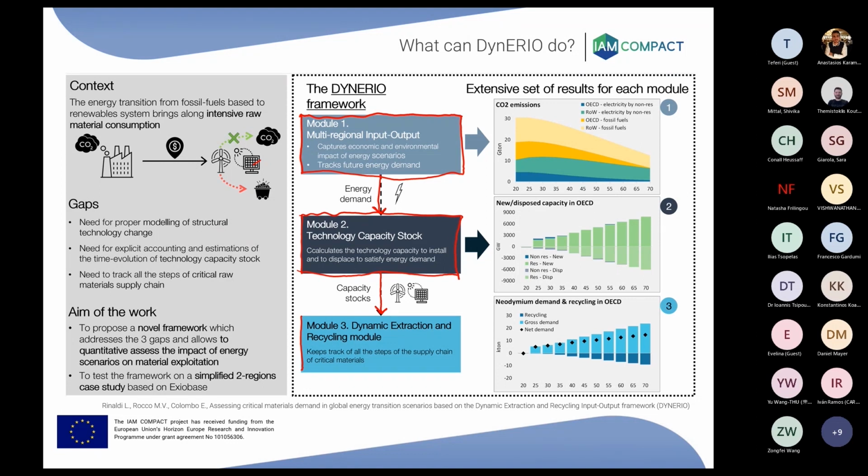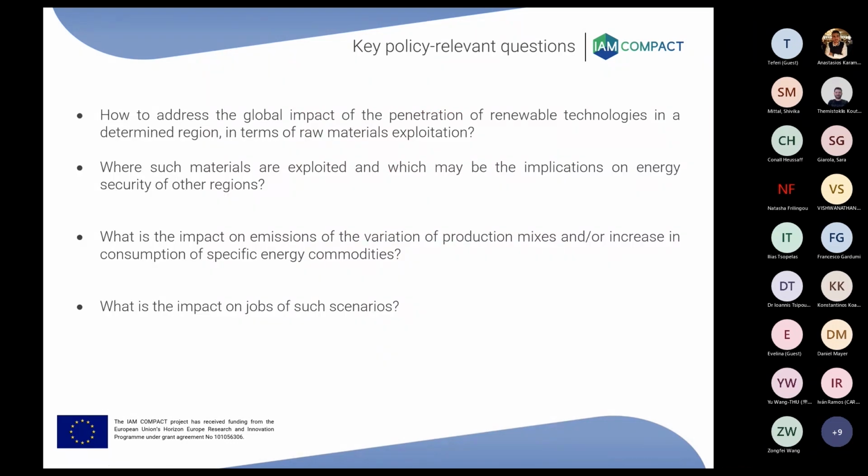So it delivers a final net amount of material by region that is necessary in order to support the transition process defined by the exogenous scenario provided as input to module 1. So this second model is focused specifically on assessing the impact of the technology shift or transition processes through years.